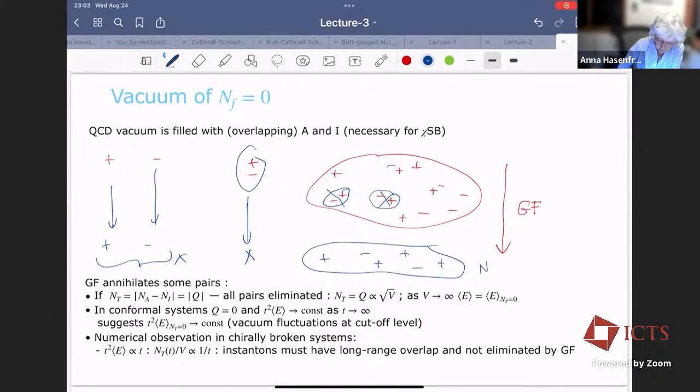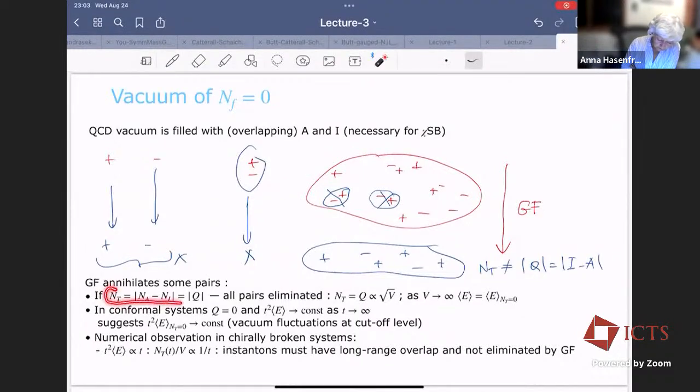That is, we have a total number of instantons that is not identical to the topological charge, which is just the instanton minus anti-instanton number. So these are the possibilities. Let's see how it looks.